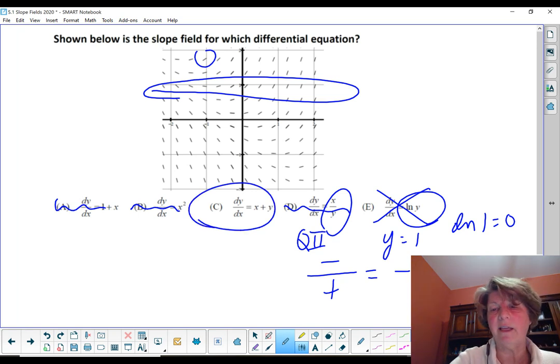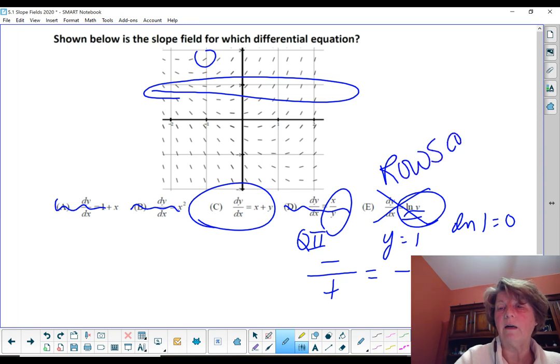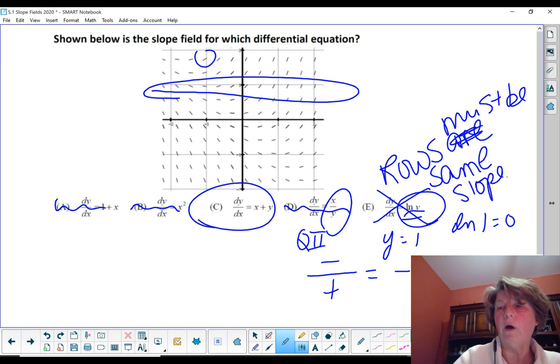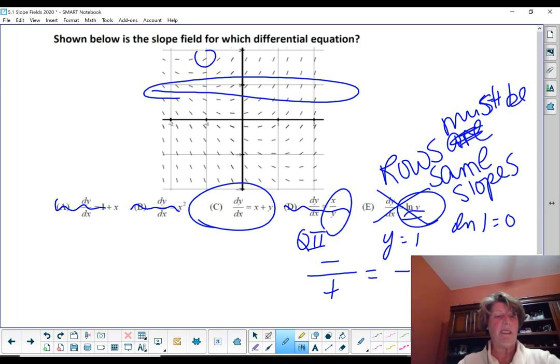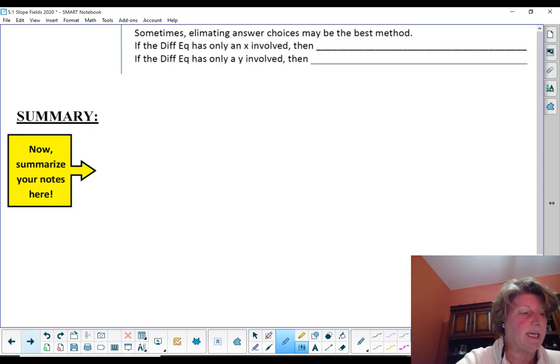C's got to be the answer then. Notice single variable. This time the rows are same slope, or must be same slope. The rows will take on same slopes. Must be the case.